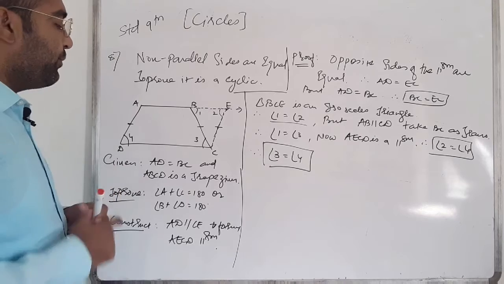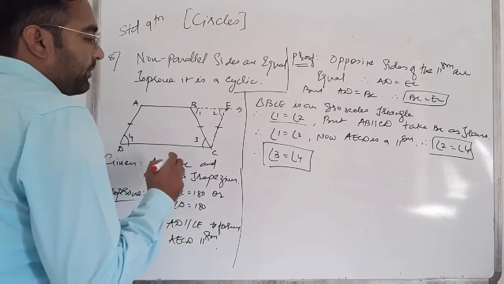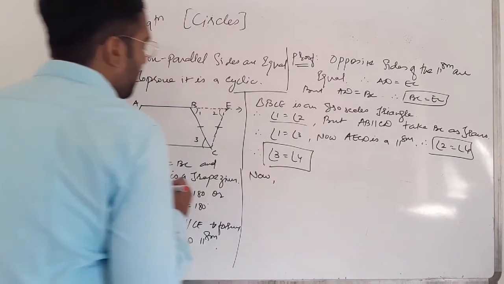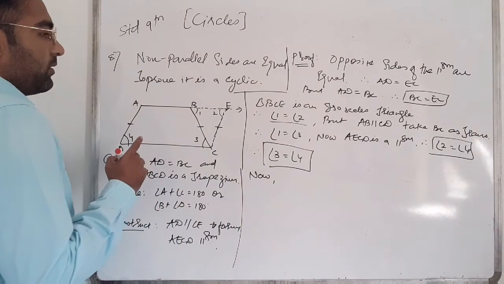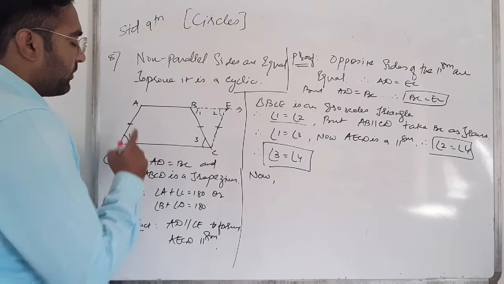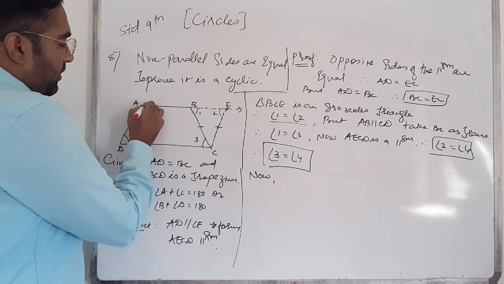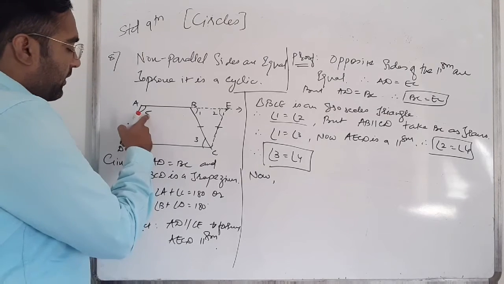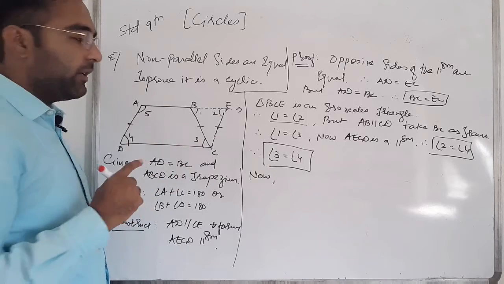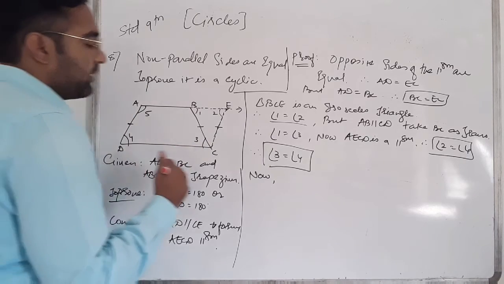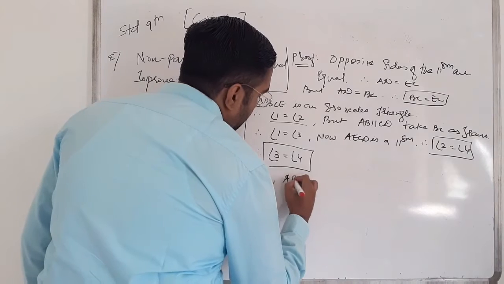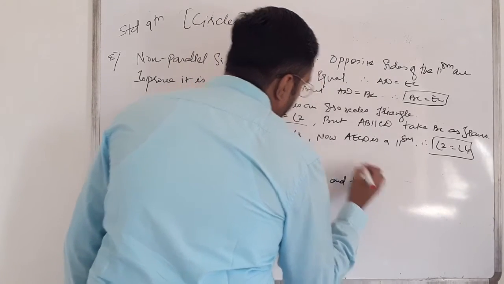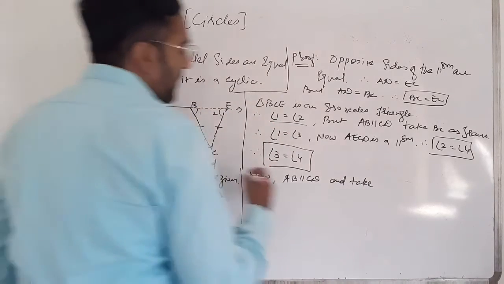Clear? Now as we know, I'll write it here, angle 5. So angle 5 plus angle 4 form 180 degrees because AB is parallel to CD and we take AD as a transversal.